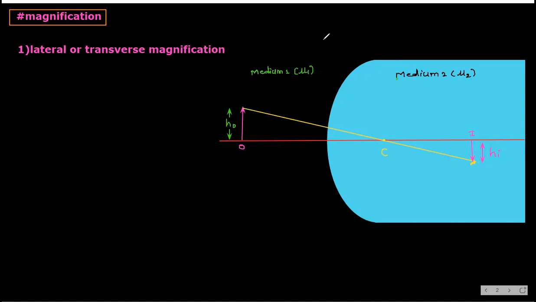Another light ray is coming like this and getting incident at this point, refracting and passing through like this, so that the image will form somewhere here. The intersection point, where it intersects, there only the image will form.